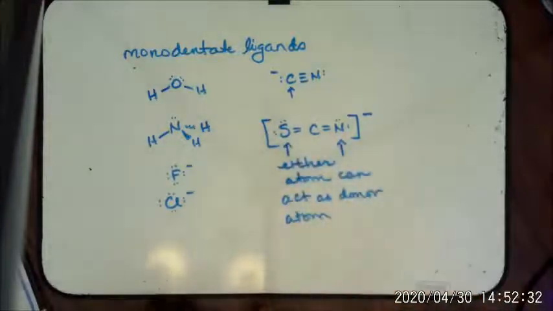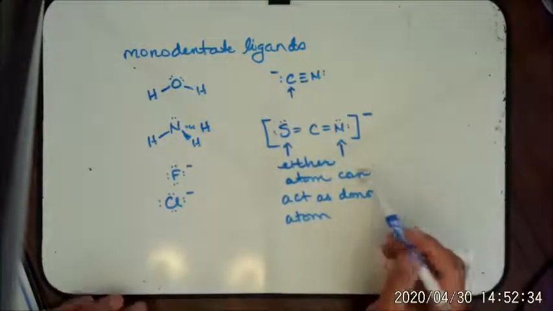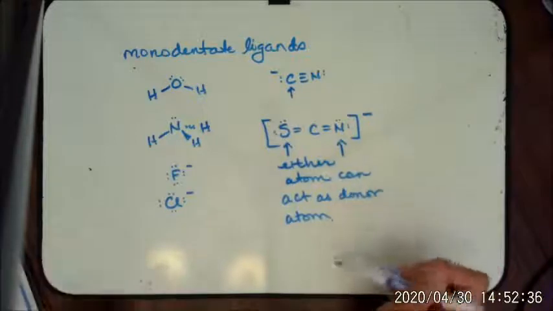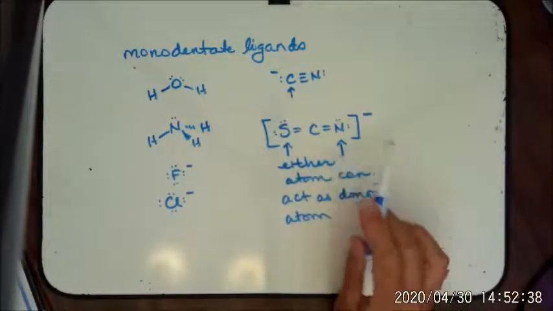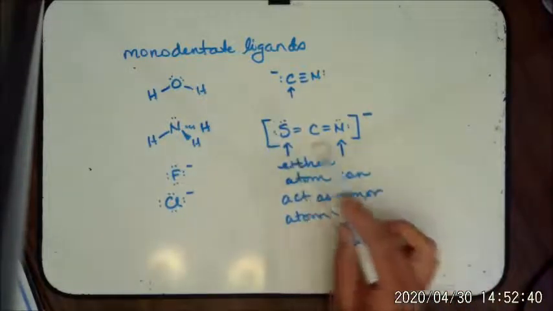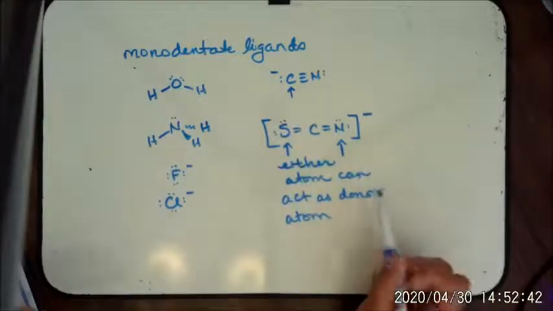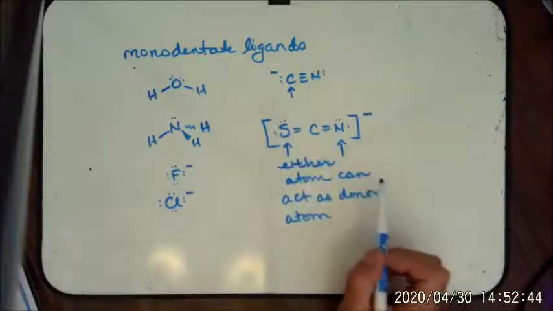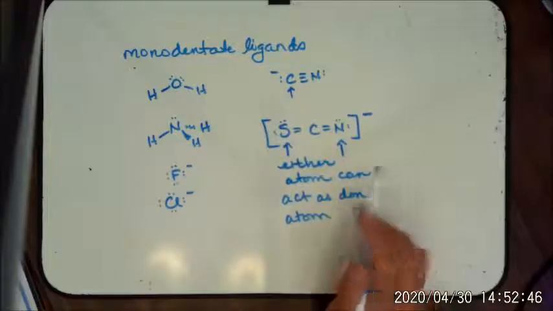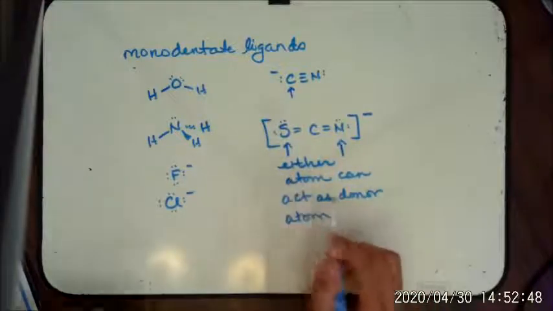More commonly the sulfur, but here's the thing. When you have either one, once it's bound, it's not going to rotate around. But where it's bound, this is a situation where either the nitrogen will go in and bind to the metal, or the sulfur will bind to the metal.